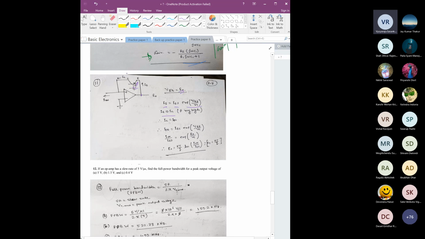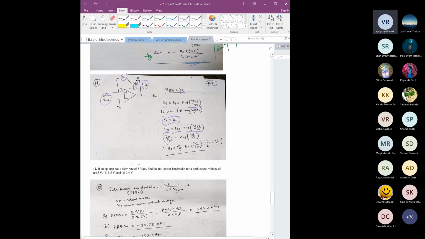So if this is IC, then I in would be the same current, because no current can flow inside. So IC is equal to I in. So this current would be equal to IES exponential of V of BE by VT.